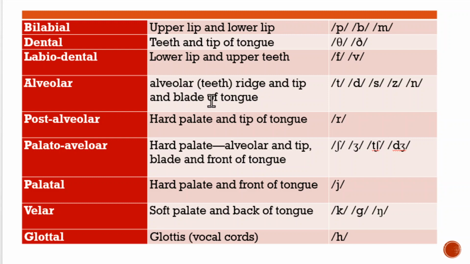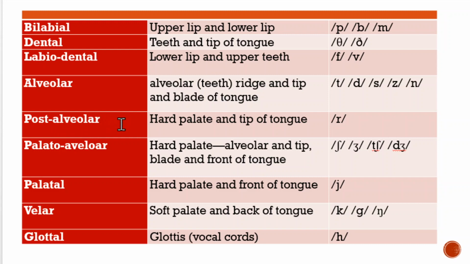The tip or the blade of the tongue is the point of articulation. T, D, S, Z, N. You have alveolar sounds. If you try to make sounds after me, T, d, s, z, n. You will feel how the tip of the tongue touches the alveolar region.